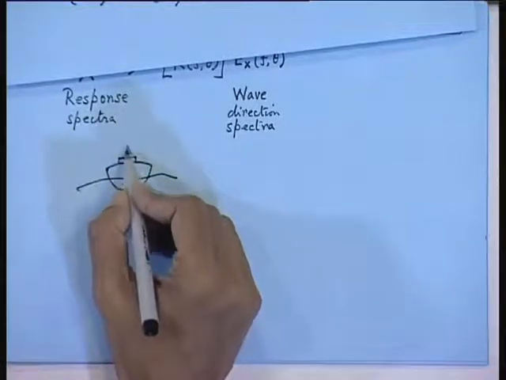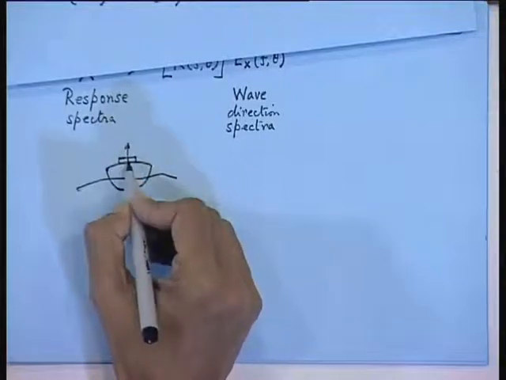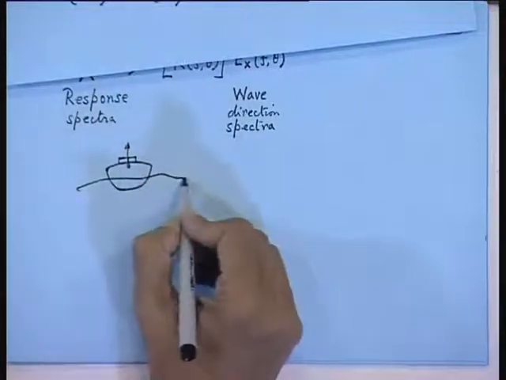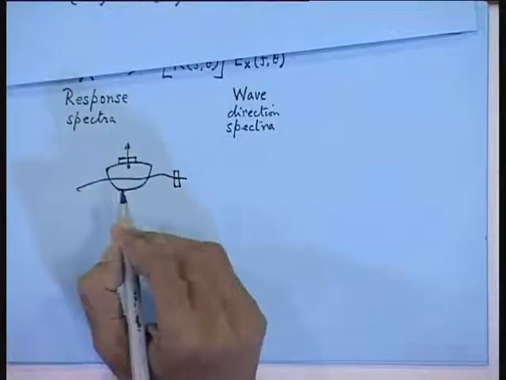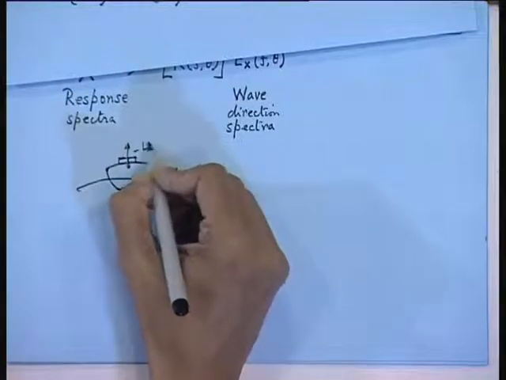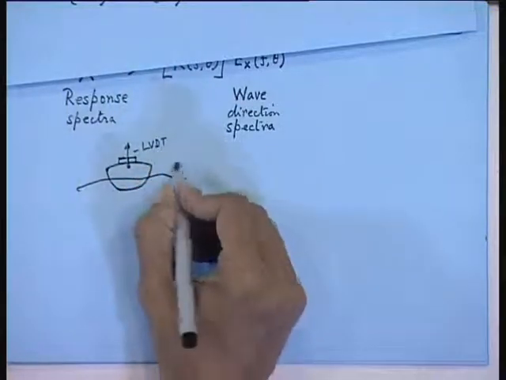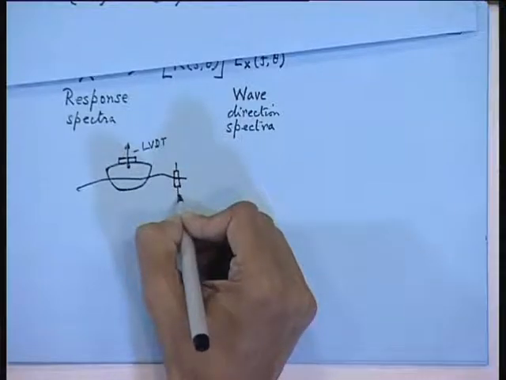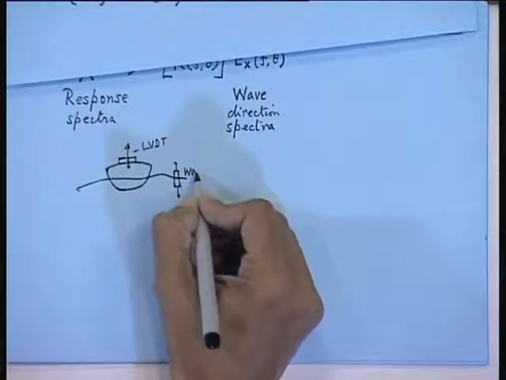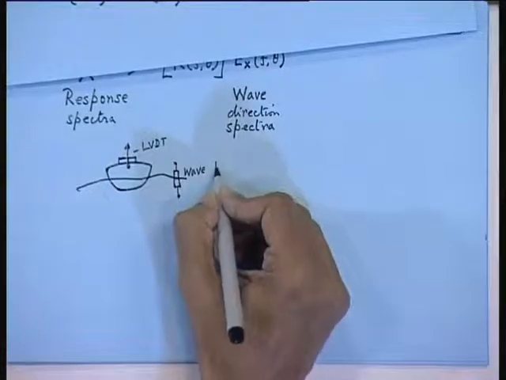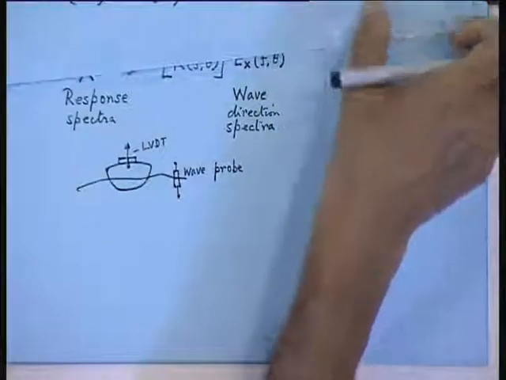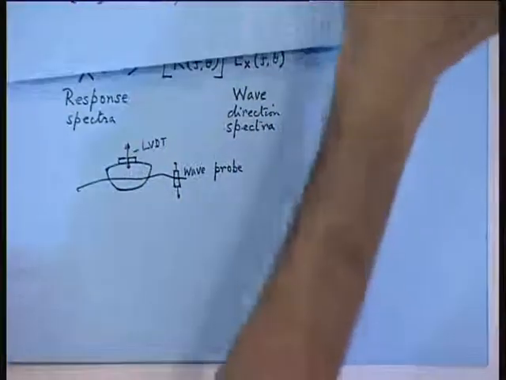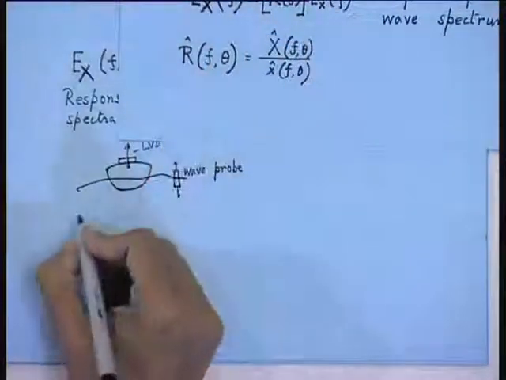So, this you can measure, for example the heave response, and you have a wave buoy or a wave probe. Say this is your LVDT, and what you require is a wave probe. Now, wave probe will give you the wave elevations, or wave displacement, wave amplitudes. Now, from these two things you can measure this EXF.